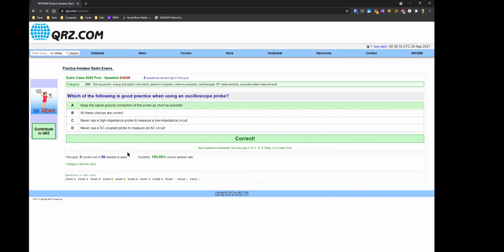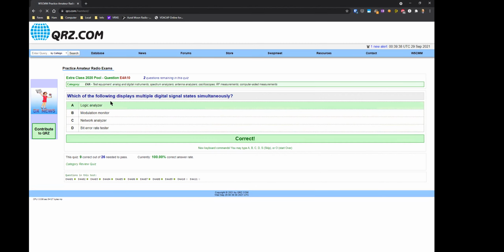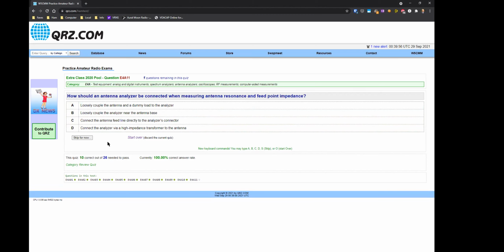A. Which of the following displays multiple digital signal states simultaneously? That's A. That's going to be a logic analyzer.